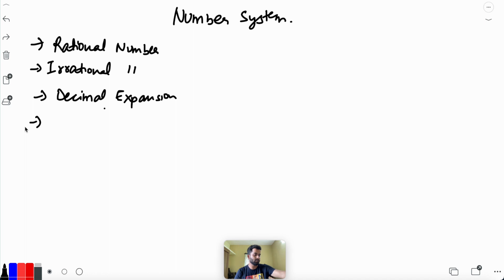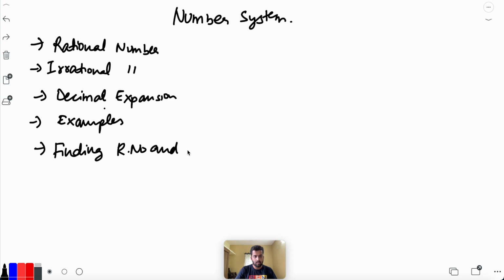Then we will move to the fourth one. So we will take examples based on these three above topics. After that, the fifth one is mainly on finding rational numbers and irrational numbers between two numbers, okay?